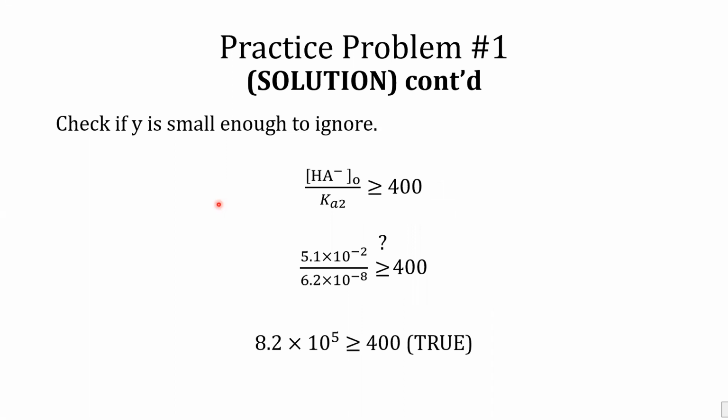To determine if Y is small enough to ignore, one takes the concentration of bisulfite ion and divides by its Ka2 value to see if the ratio is greater than or equal to 400. It turns out that the ratio equals 8.2 times 10 to the 5, and since the ratio is greater than or equal to 400, the assumption that Y is small enough to ignore is valid.